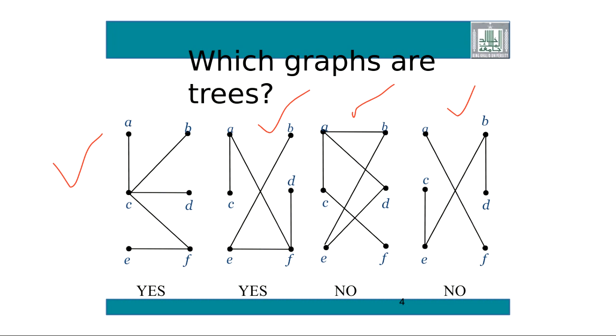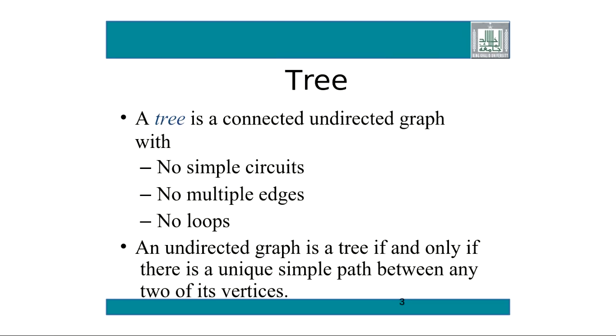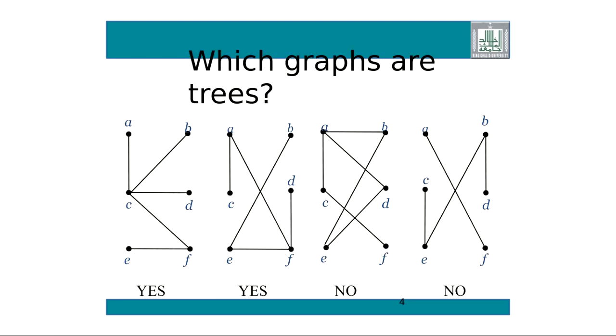Observe that there are no loops, no simple circuits, and no multiple edges. This is one edge, this is one edge, this is one edge. If you find this, you will understand it is a tree. The first one is a tree.